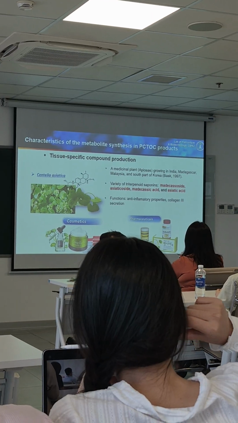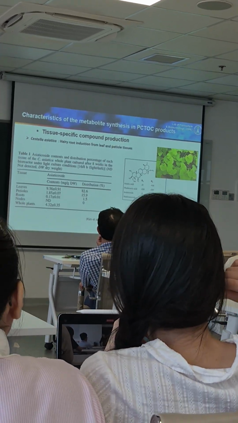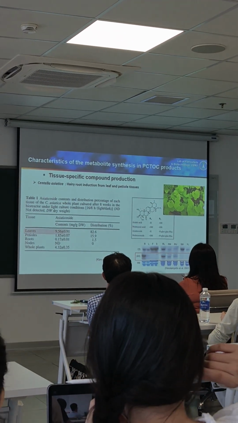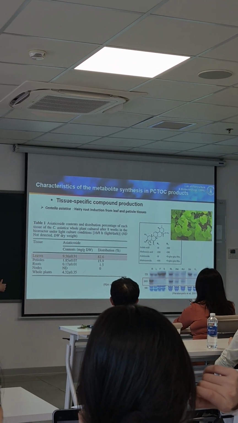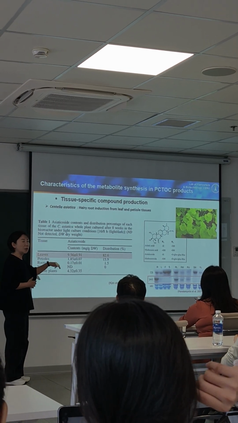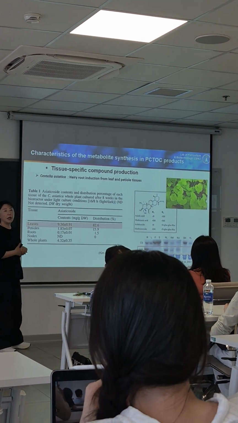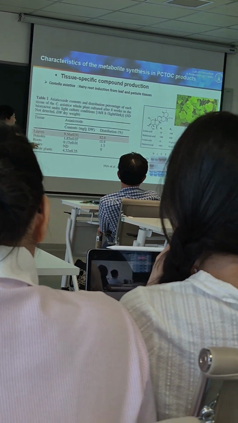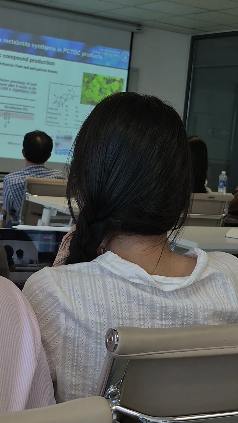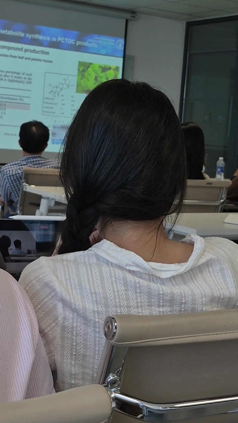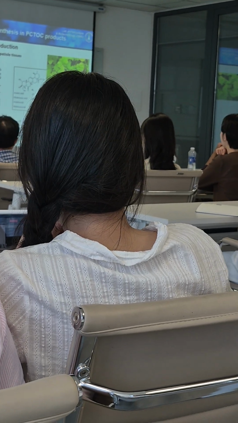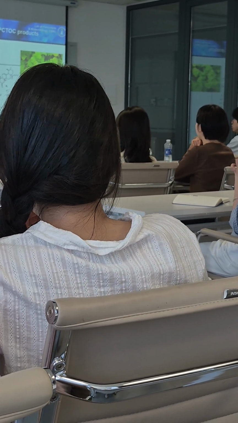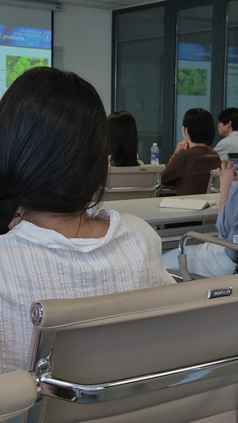But the interesting thing about this plant is that around 80% of those compounds were found in the leaves, and in the petiole, root, and node, less than 5% of the metabolites are accumulating. The leaves contain a high amount of asiaticoside. It is the most popular among them.